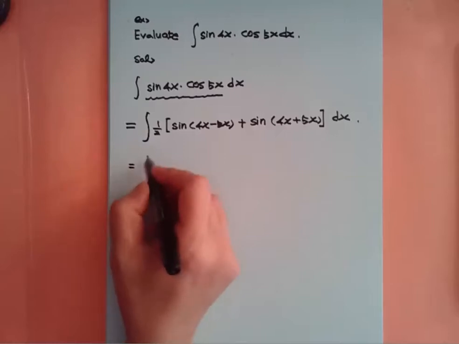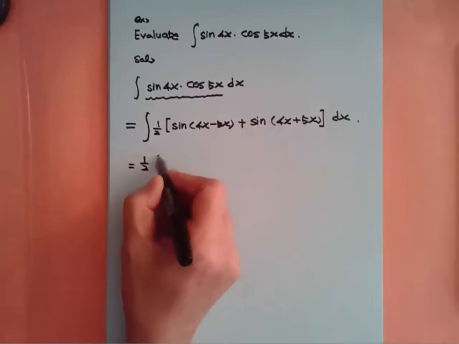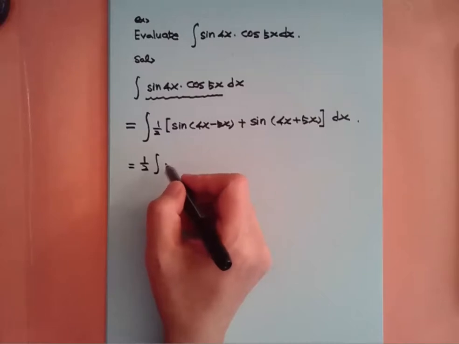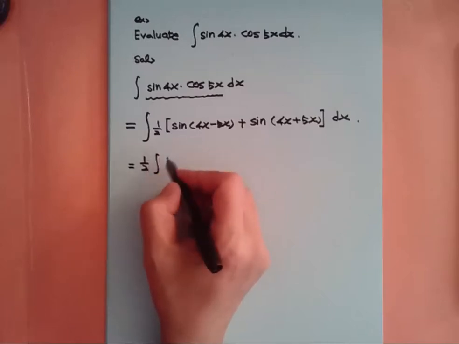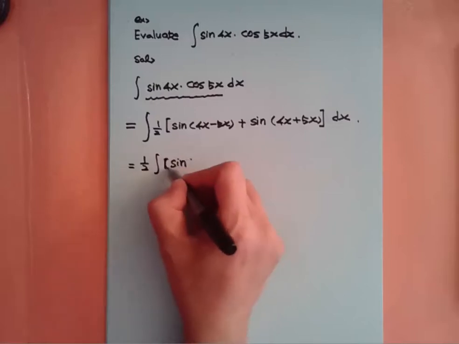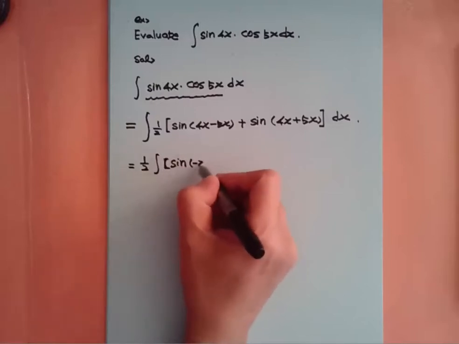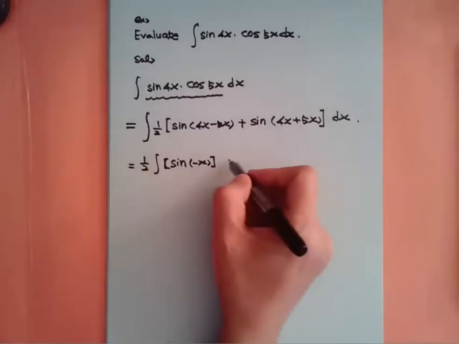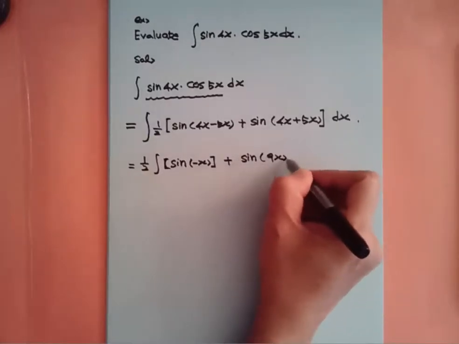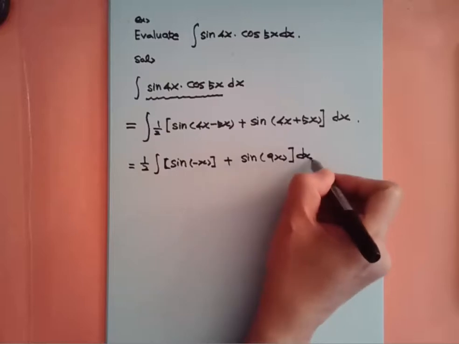So we will do term by term integration. 1/2 will be written here, and then that is sine of minus x plus sine of 9x dx.